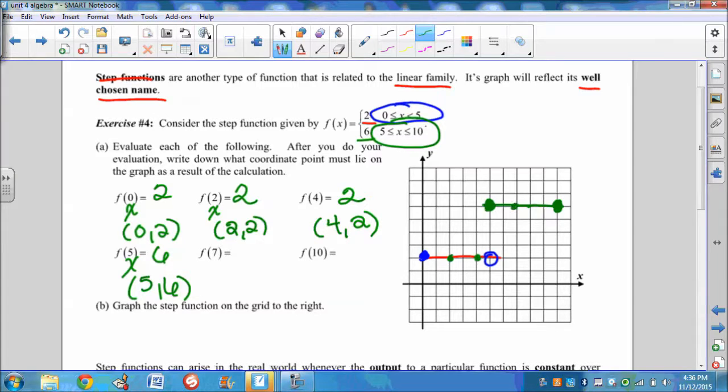Where does it meet the graph? Again, it meets it at 6. Starting to see a pattern here. 7, 6. And then what about f of 10? f of 10 meets the graph up there again at 6. So that point is 10, 6. Graph the step function. We already did that. I just kind of flipped the order of things.